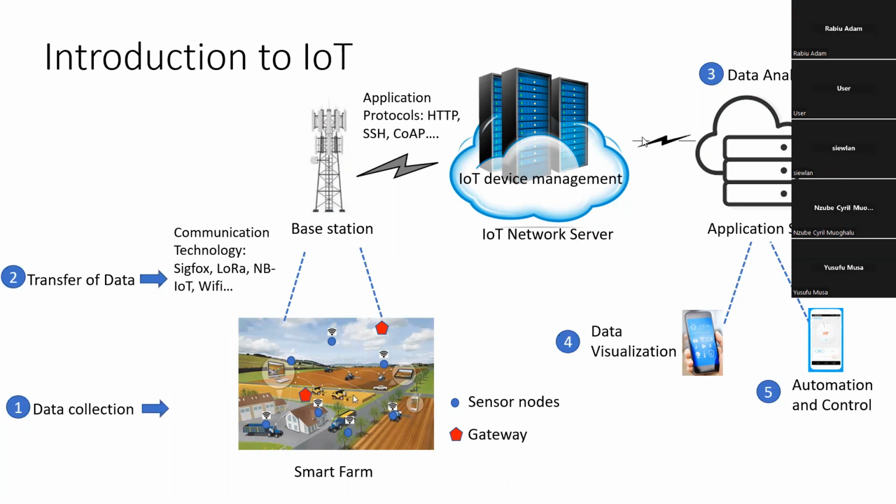Okay, so you are tracking how your farm produce are being supplied to the market and things like that. So there are a lot of things that can go on a smart farm. Basically, sensors will be sending data to gateways. Gateways will send to the base station. Now, one of the processes involved is data collection.